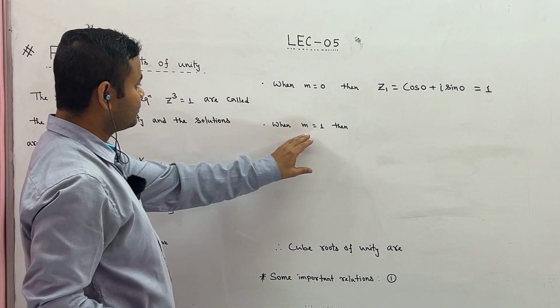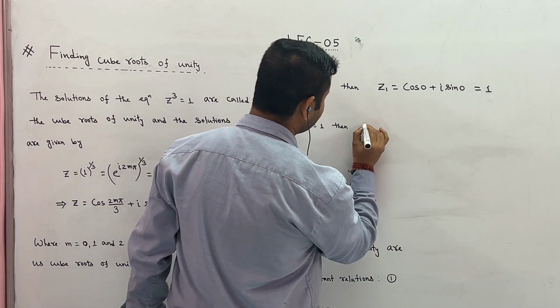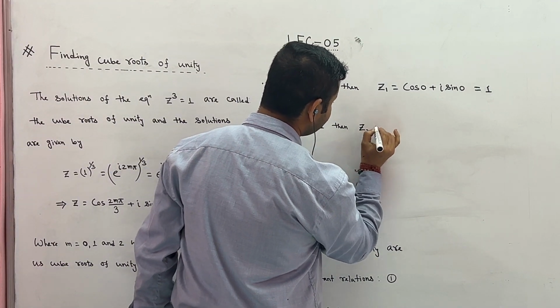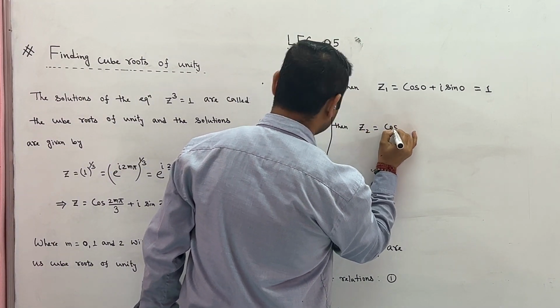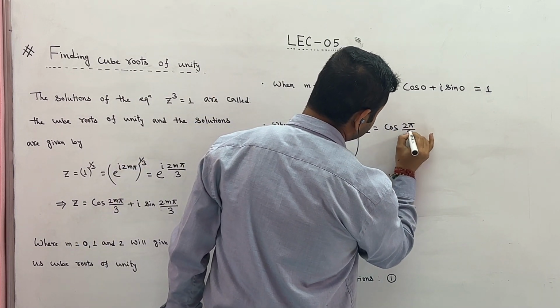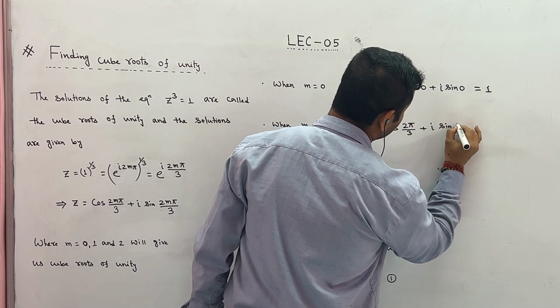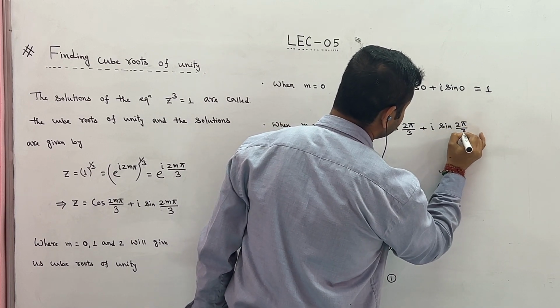Next, when m equal to 1, we will get the second root. Then z2 will be equal to cos twice pi divided by 3 plus iota sine twice pi divided by 3.